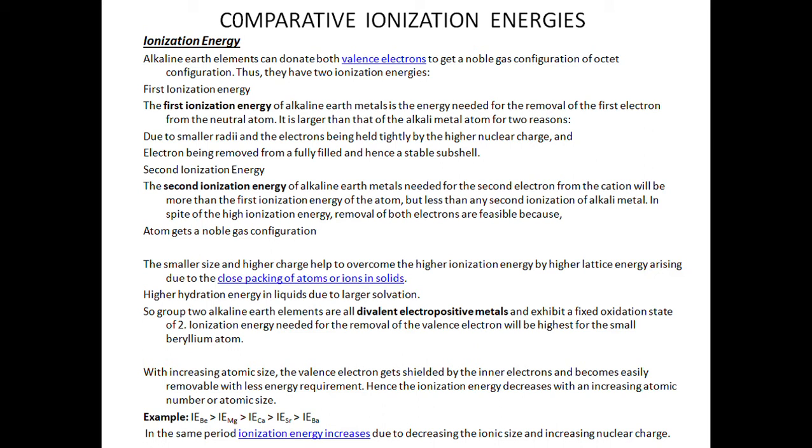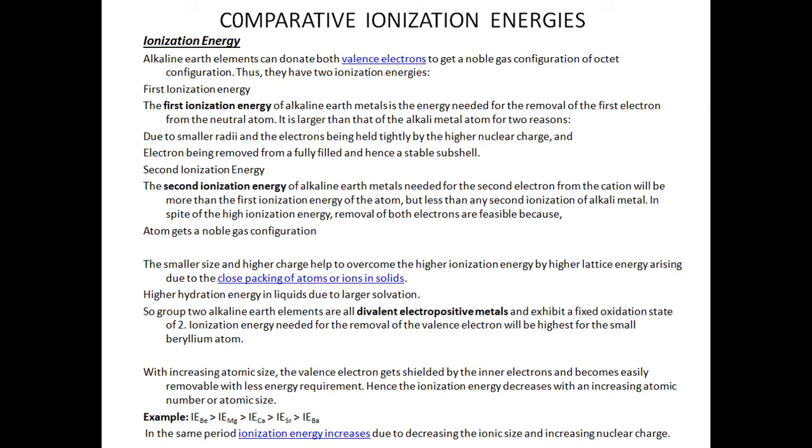So, here is a comparative study of the ionization energies with the other group and also in the same group. So ionization energy of beryllium is highest, and it decreases through magnesium, calcium, strontium and up to barium.